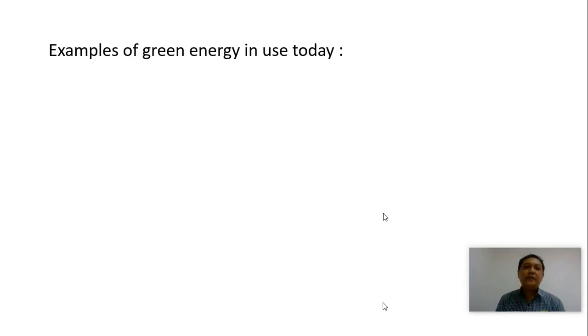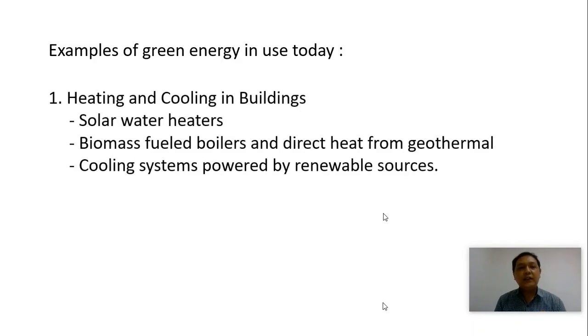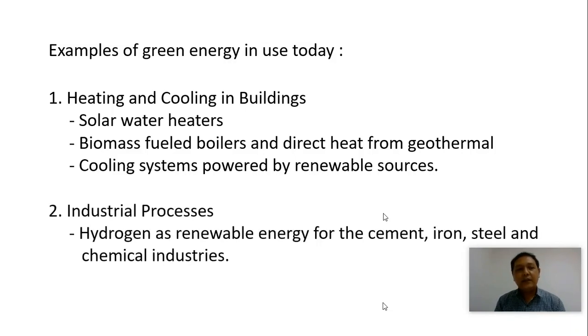Okay, examples of green energy in use today. Number one is heating and cooling in buildings like solar water heaters, biomass fuel boilers, and direct heat from geothermal, and cooling systems powered by renewable sources. Number two, industrial processes like hydrogen as renewable energy for the cement, iron, steel, and chemical industries.